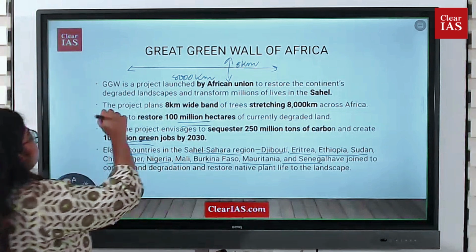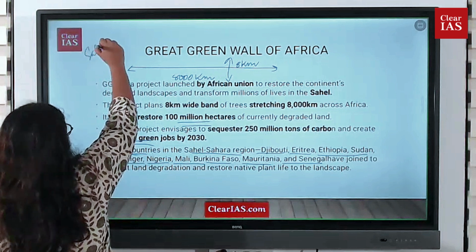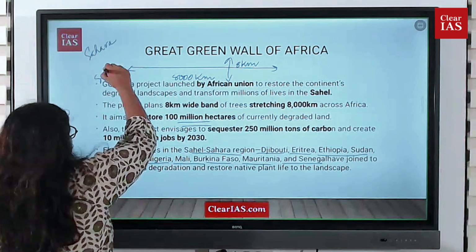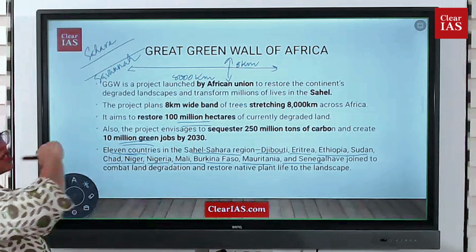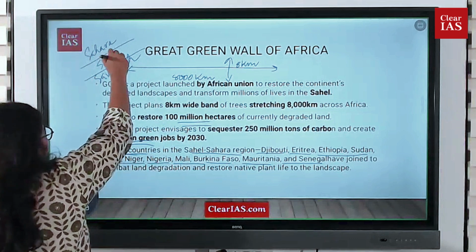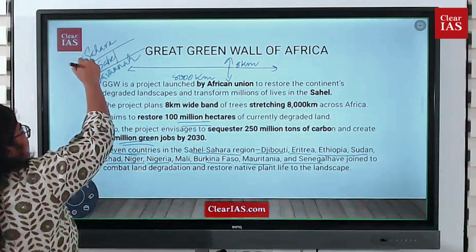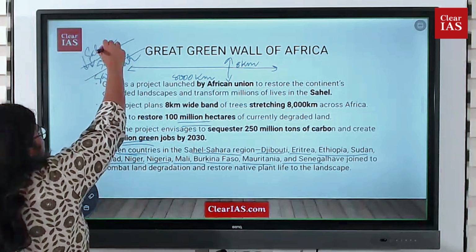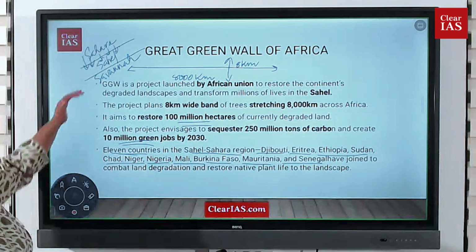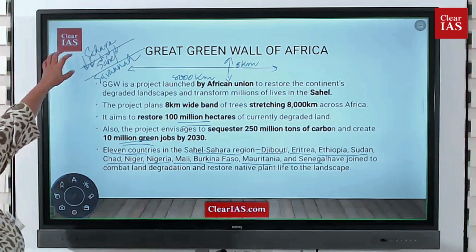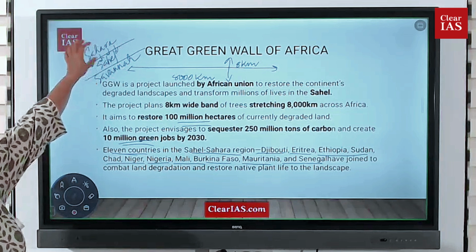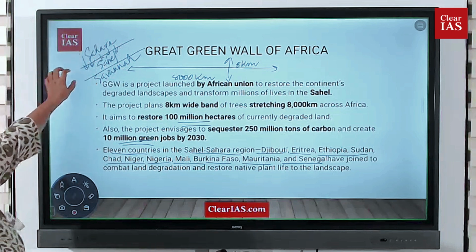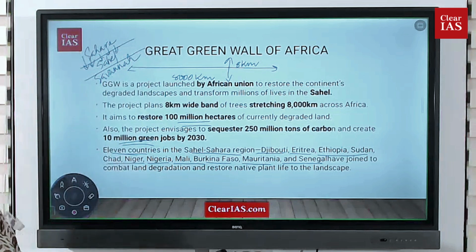So you have the Sahara and you have the savanna here, and there is a connecting region, a transition region, that is the Sahel. And the Sahara is advancing. When the Sahara is advancing, the Sahel region is getting lost, and eventually the Sahara will become bigger and bigger. You need to stop it. So you are building a green wall in the Sahel region. That is what they are doing.